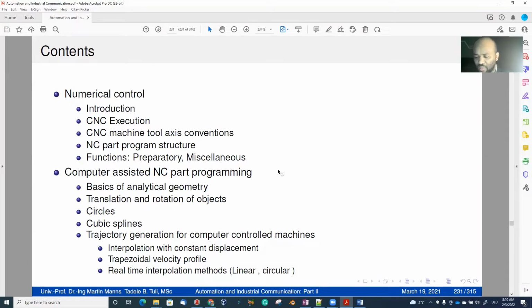You follow some axis motion, for example 3-axis motion, and these axis motions build one on the other and then create a product at the end.